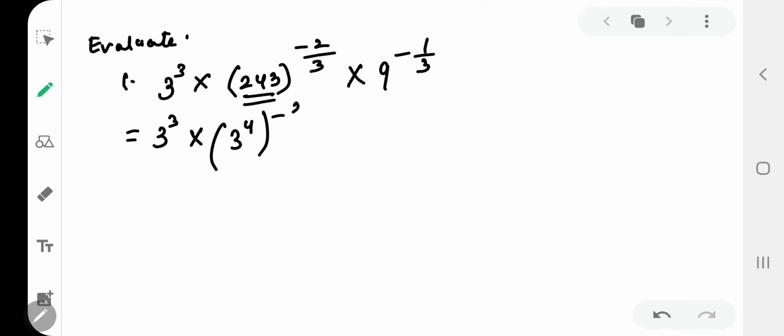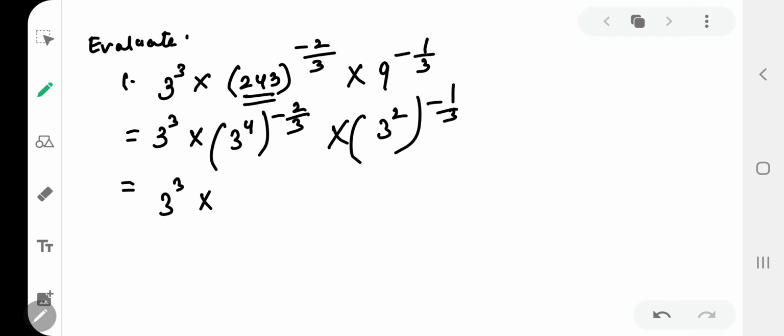And then I'll take this minus 2 by 3. For 9, I can write 3 squared, and I'll take this minus 1 upon 3 here. Is that clear? Now we have 3 raised to 3 into, my dear kids, if you have a negative exponent, to convert it into positive, we have to reciprocate this.